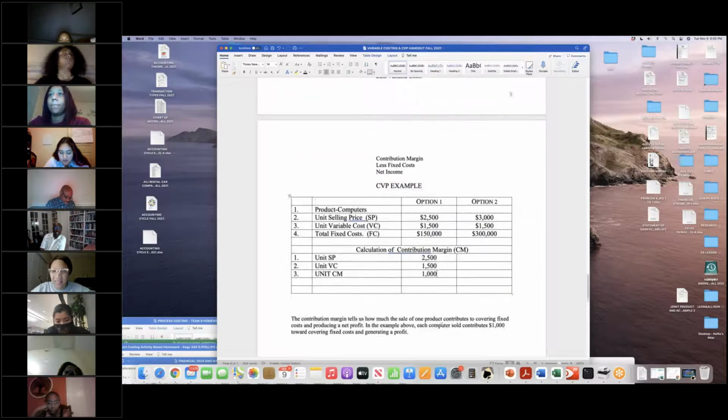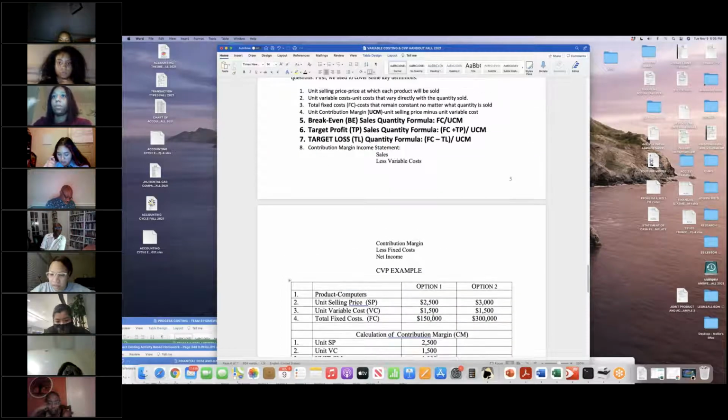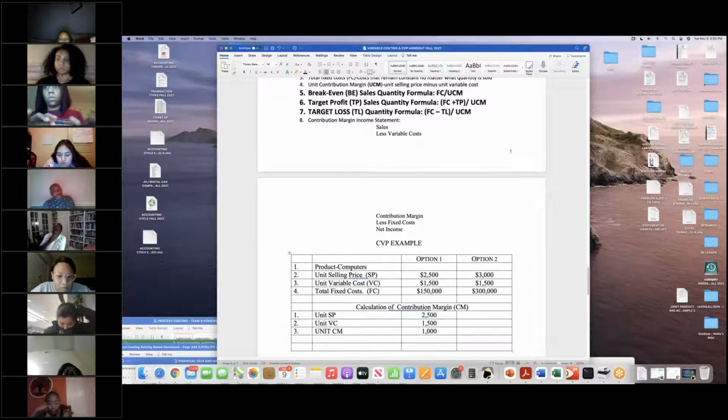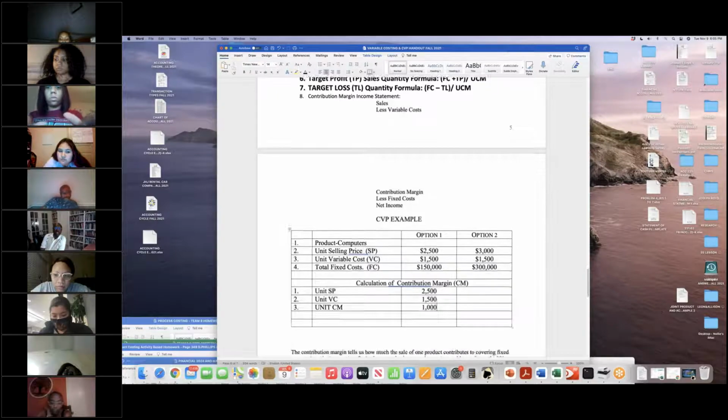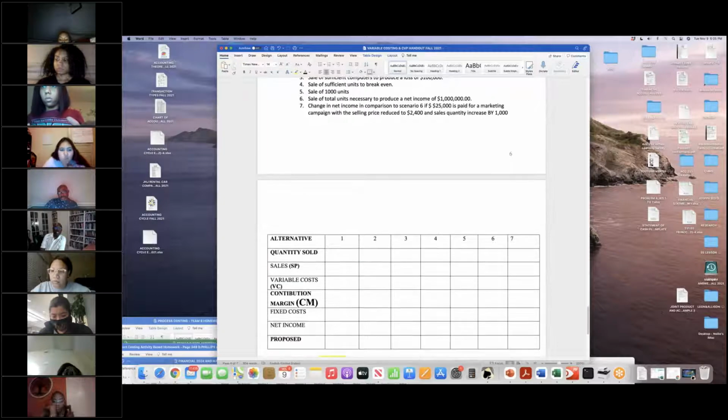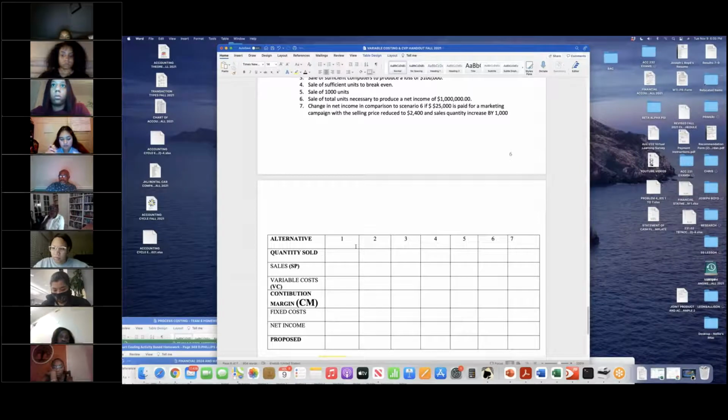So with this information, we've got our assumptions here, and we've got our contribution margin. But just to make sure, now you know how we started with those shoes in Principles 1. I want you to sell just one computer and tell me what the net income is going to be.